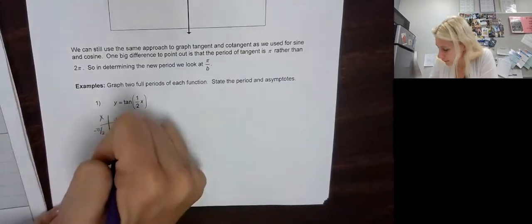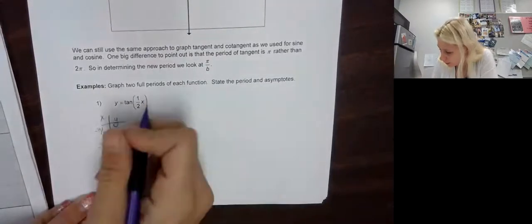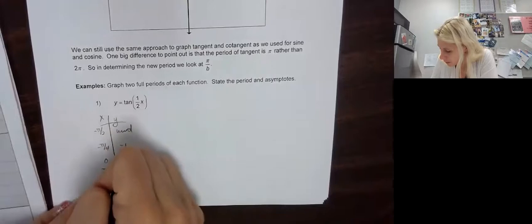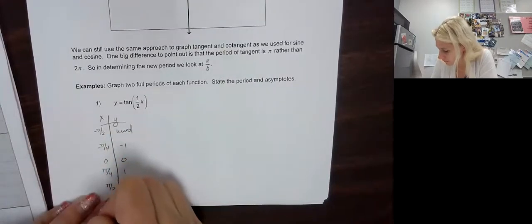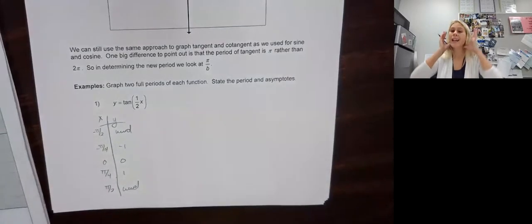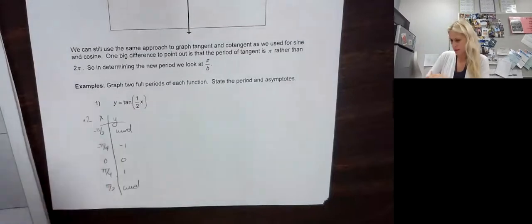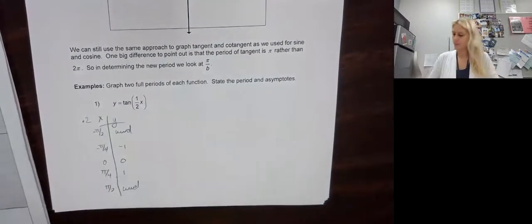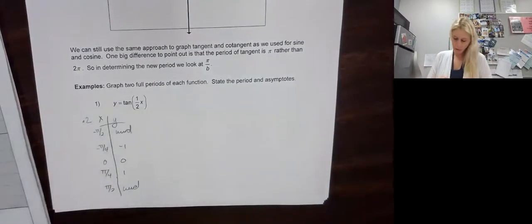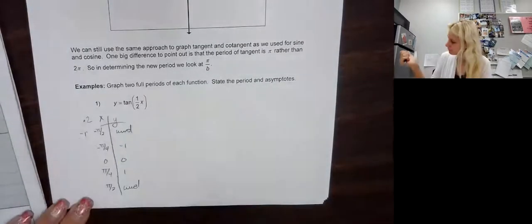So we have undefined, negative 1, 0, 1, and undefined. Now, as you can see, the only thing we are doing to this graph is multiplying x by 1/2. So that's on the inside, we do it to x, and we have to do the opposite of what we're doing. So we have to multiply by 2. All right, if we multiply by 2, I get negative pi.